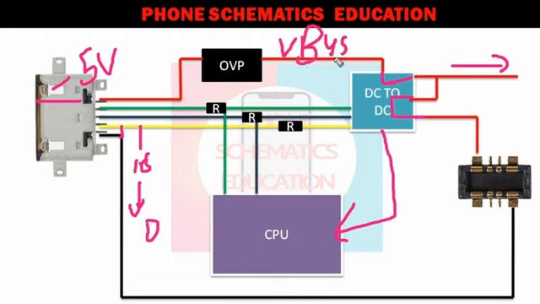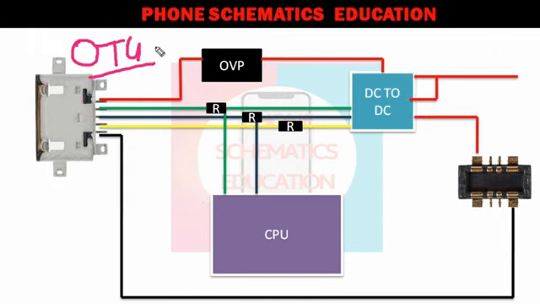Now your battery voltage fulfills the requirement of the OTG through the V bus line. OTG requirement is fulfilled by this V bus line through battery voltage. Right? I hope you get my point. If you have any doubt, just give a comment.